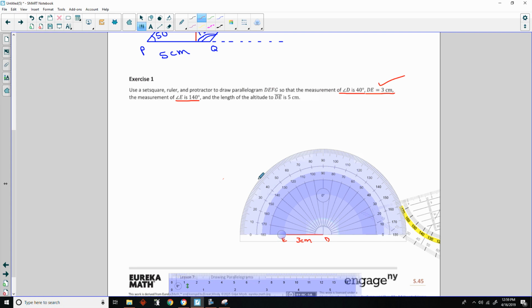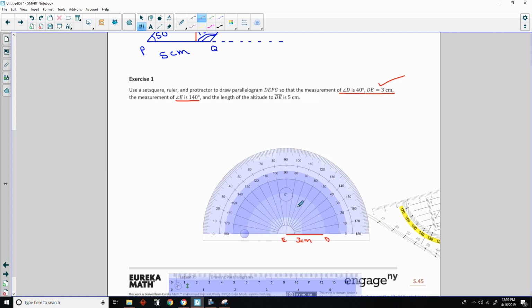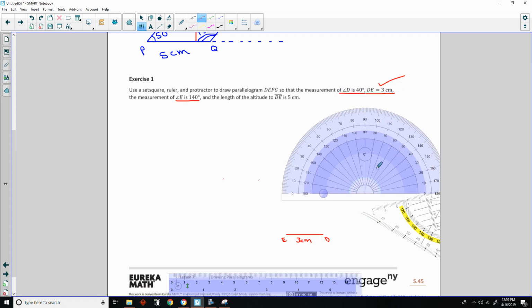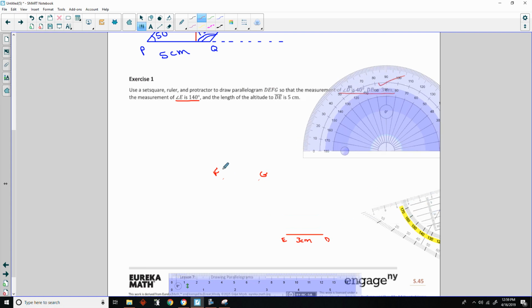So that's got to be here. Okay, and angle E, I'm just double checking here, is 140 degrees. So there they are. There's the 2 points. And I'm going to call this F and this G. Okay, so D, E, F, G.